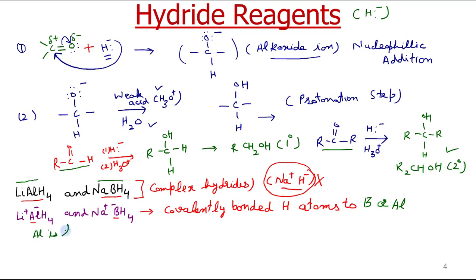is less electronegative than boron, in lithium aluminium hydride this negative charge will be concentrated around hydrogen, whereas in sodium borohydride, boron being more electronegative, the electron density around hydrogen will be less compared to lithium aluminium hydride.